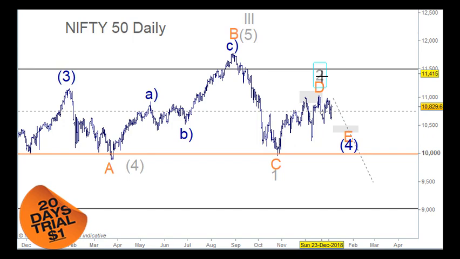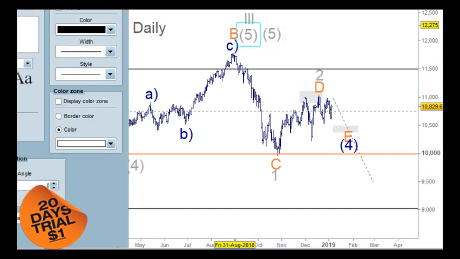But the problem with that is that it's very difficult to get 5 waves moving from this low to this high here, say from 4 to 5 in this particular case. I mean, we could even label this as wave 3 in this particular case as well.